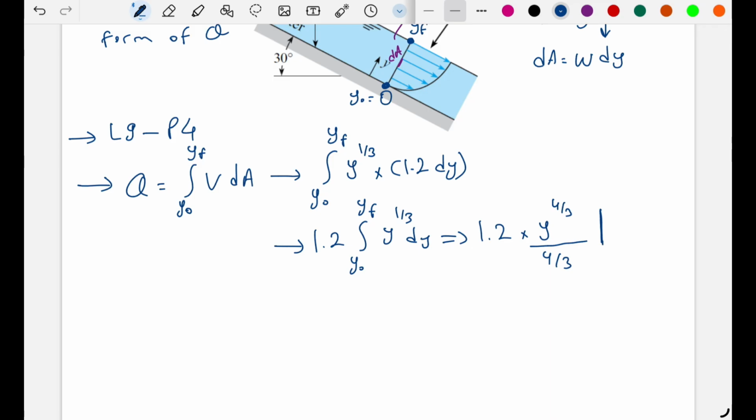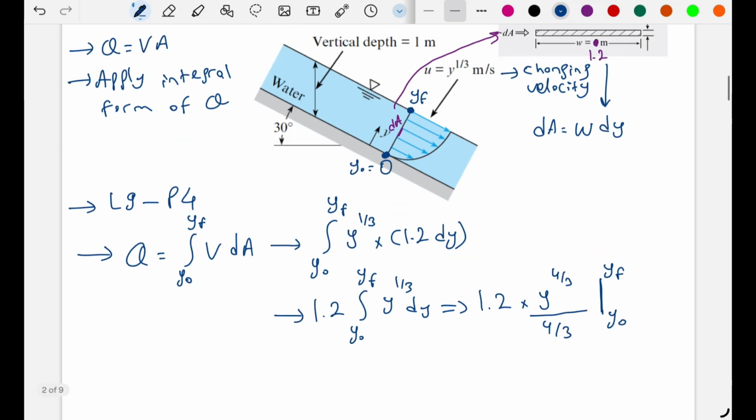And this should change between the bottom and the water surface. Now we are required to find this distance, because the velocity and the flow rate will be changing through this distance. So to calculate that, we need to find this distance. This will be the same as this one.